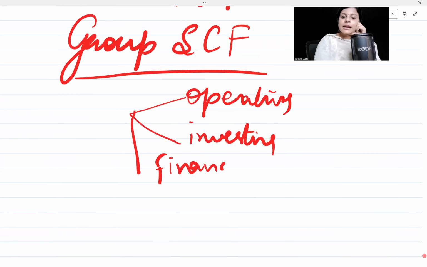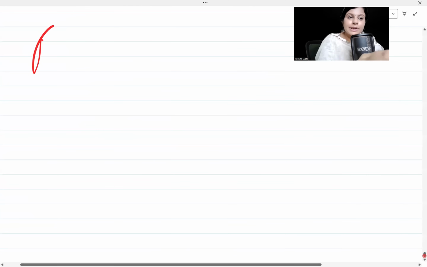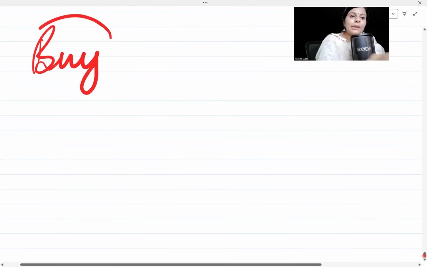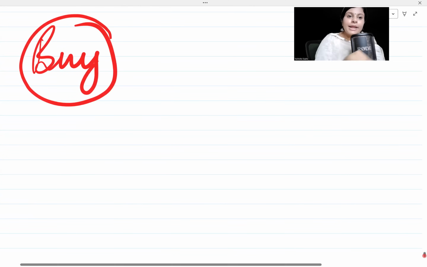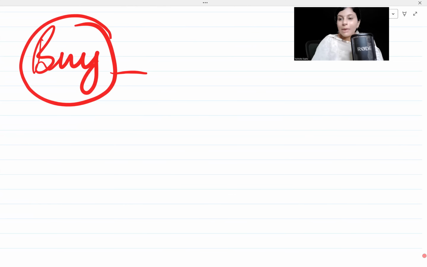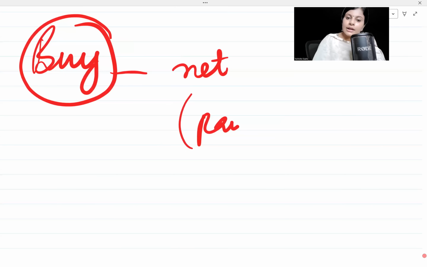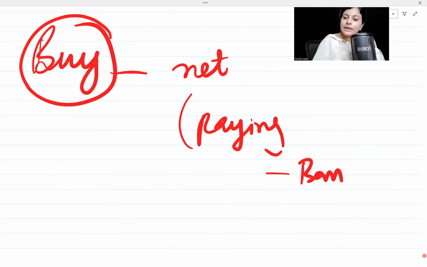The only difference between group cash flow and individual cash flow is that when you buy a subsidiary, you record that purchase. That's an outflow. When you buy a subsidiary, you pay money in the investing activity. You need to record it at the net amount, because if you are paying something to buy a subsidiary, you're also receiving the subsidiary's bank balance, no?